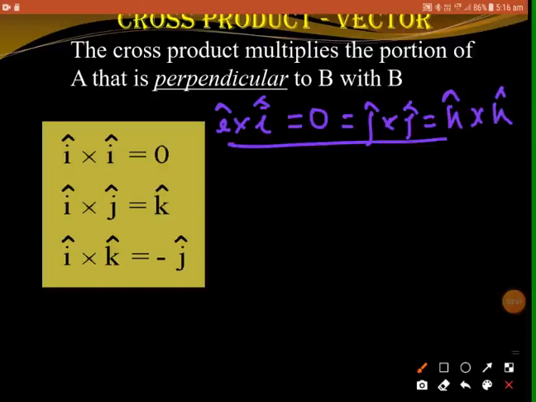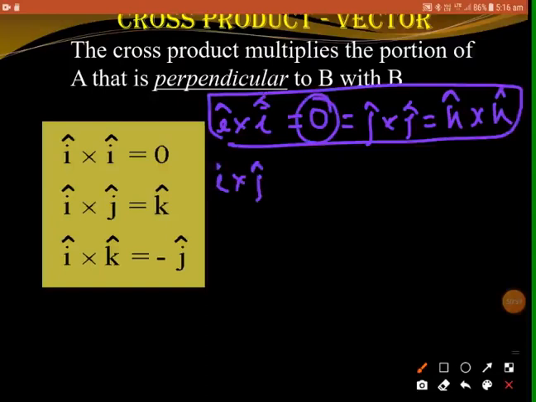This will always give you a 0 value. But if you do i cap cross j cap, this will be equal to k cap, like this. Then if you take j cap cross k cap, then it will be equal to i cap.